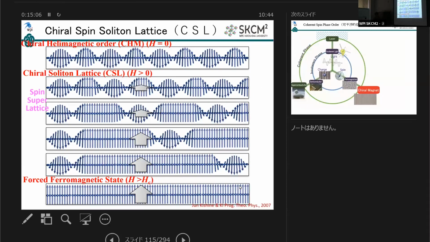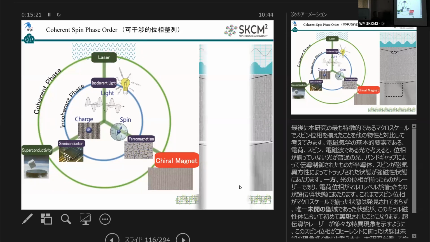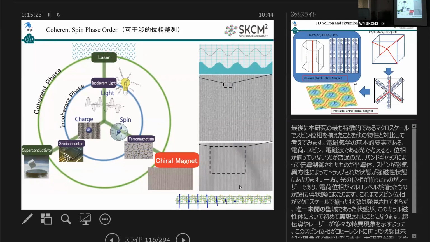But anyway, this is how chirality works on this sample. We can conclude this is a coherent spin phase order coming from the chirality. As you know, a laser is a coherent phase photon order, and normal light is incoherent.